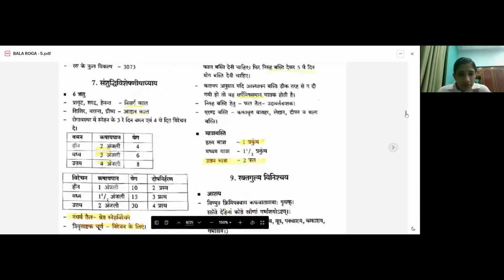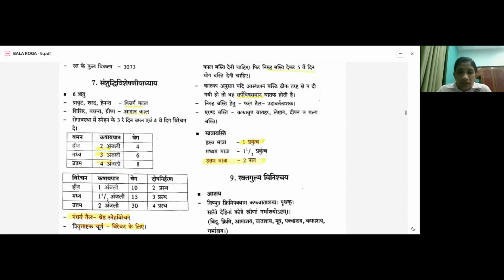Then in case of Vamana, the Hina Vega के लिए 4 number है. 4 Vegas after the Vamana Karma, if it is 4 in Vega, it is known as Hina Vamana. And if it is Madhyama in nature, 6 Vegas are present. And in Uttama, 8 Vegas will be there.